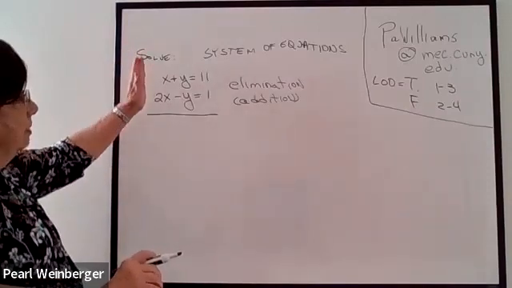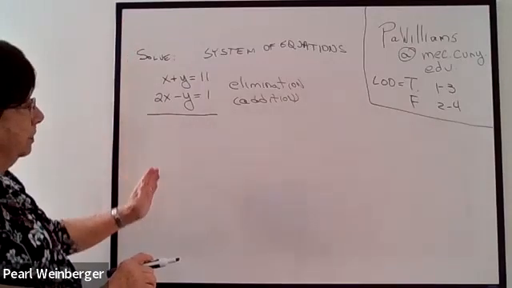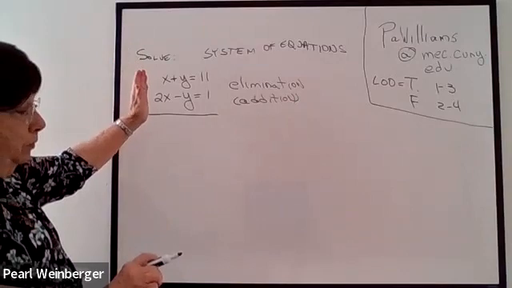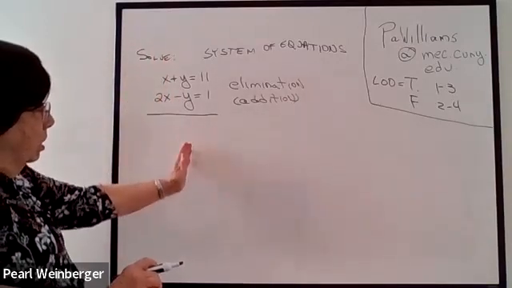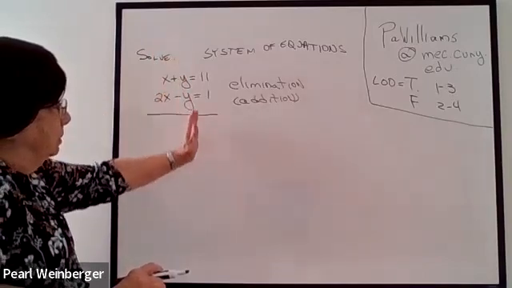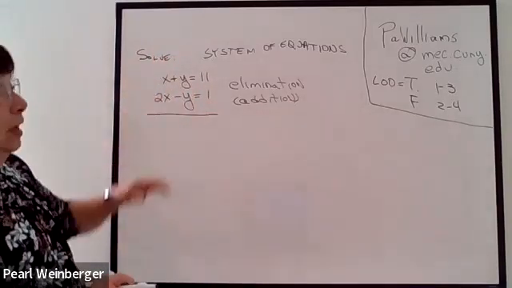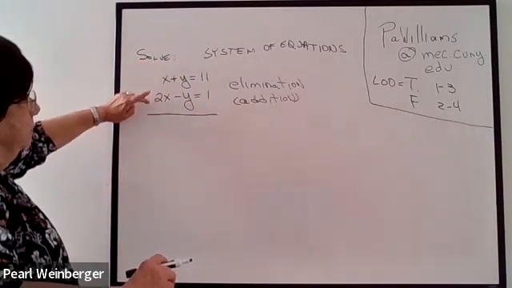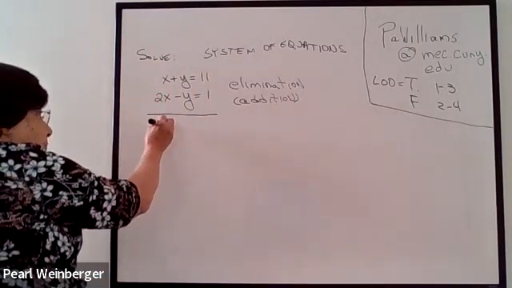Notice I have it set up, and when I use the elimination method, I want it set up that way in what's called standard format. X first, then y, then your equal sign, then your numbers, and they all have to line up. And if we line up, we can add them, and we'll do x plus 2x, and that'll give me 3x.